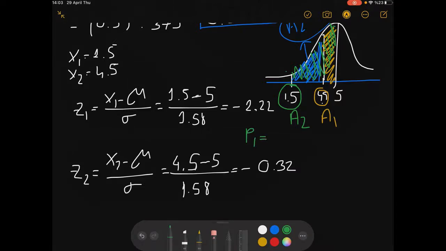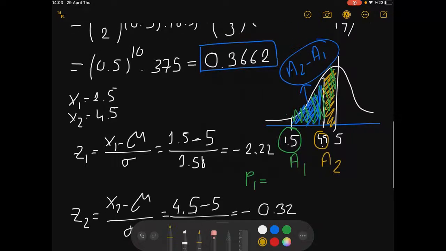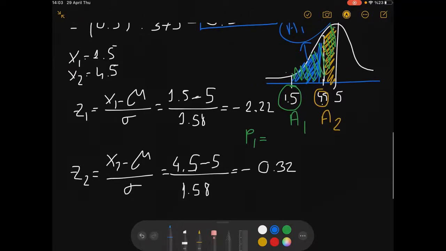P1 is, okay, these are maybe confusing for you because I call this Z1 and Z2. A1, A2, and write this one as A1, A2. Okay, I think it's much better now.